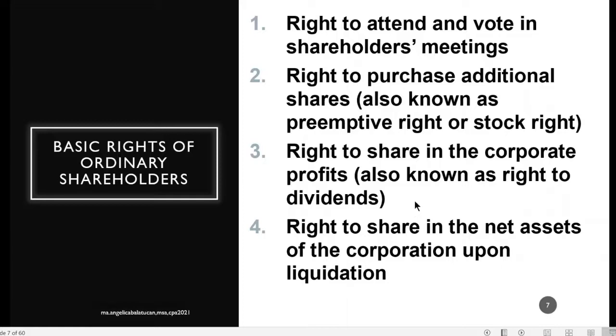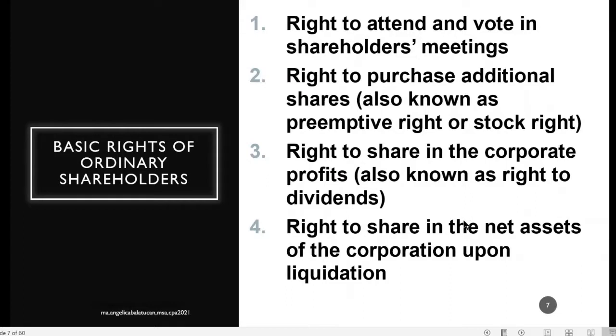So they receive the residual interest. So if there is a large remainder of dividends, or even the proceeds on the sale of the net assets during the liquidation, if the remainder is big, their share is big.